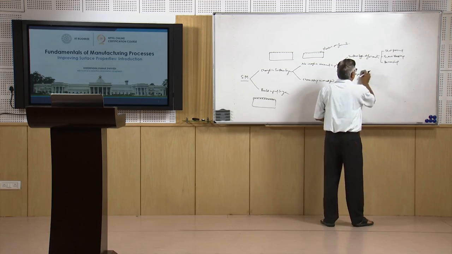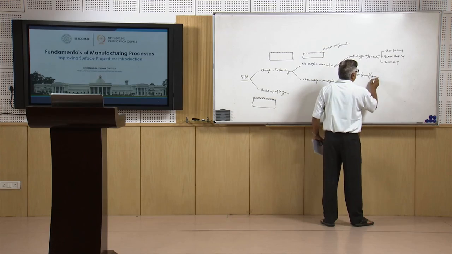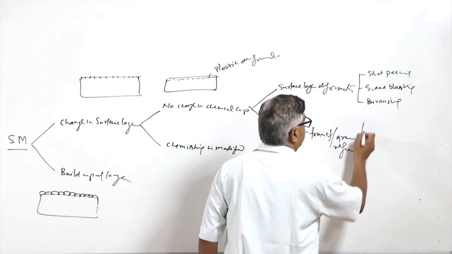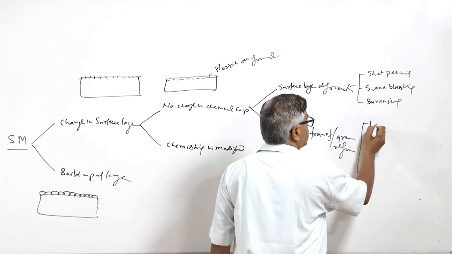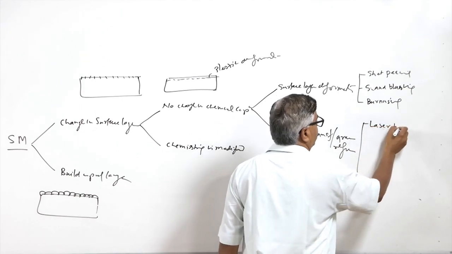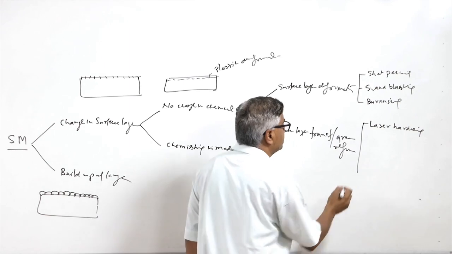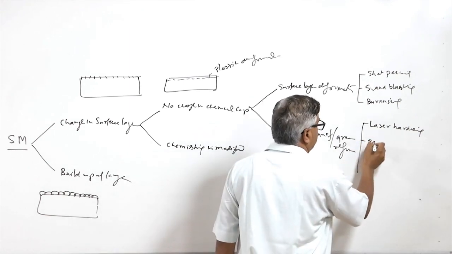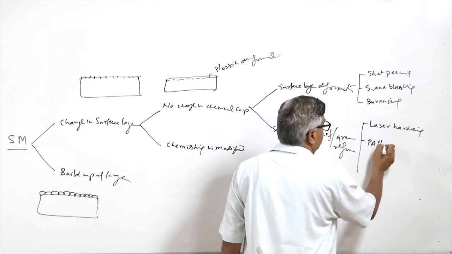So surface transformation or grain refinement. In this one we have the common methods like laser hardening, or similarly electron beam hardening can also be used. Then plasma arc hardening is carried out, PA hardening.